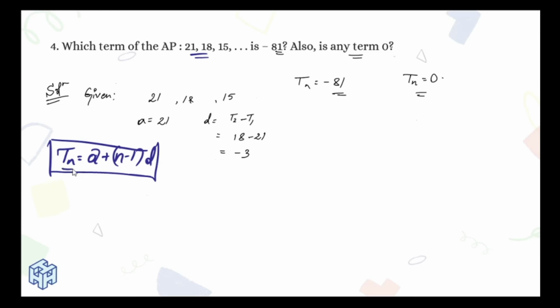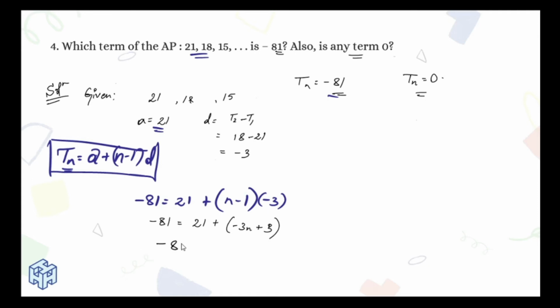Now they have given us the first Tn value, that is minus 81. So we can write it as minus 81 is equal to, first term is our 21, right? So 21 plus n we don't know, minus 1, and then d. d is nothing but minus 3. So let me simplify this. Minus 81 is equal to 21 plus minus 3n plus 3, right?